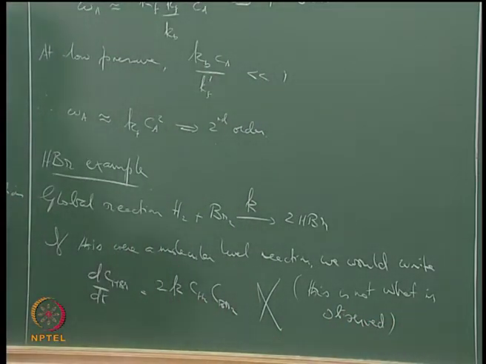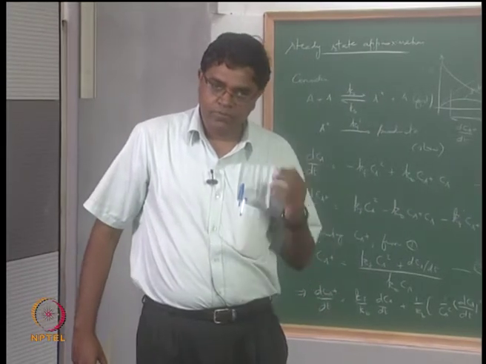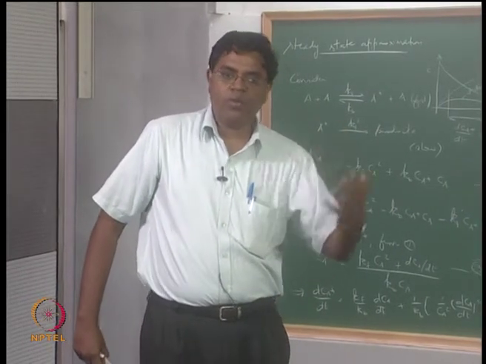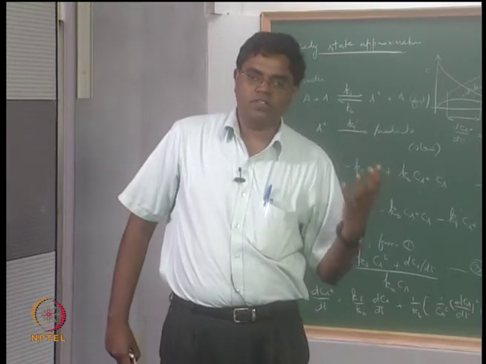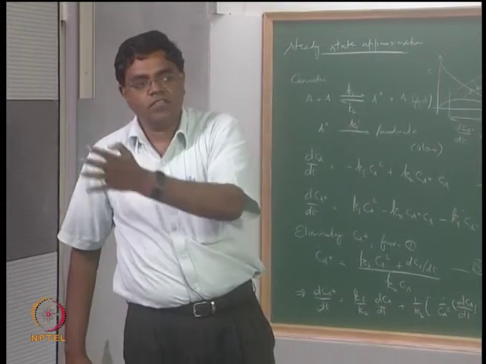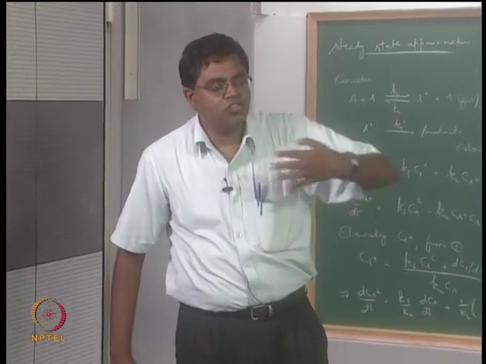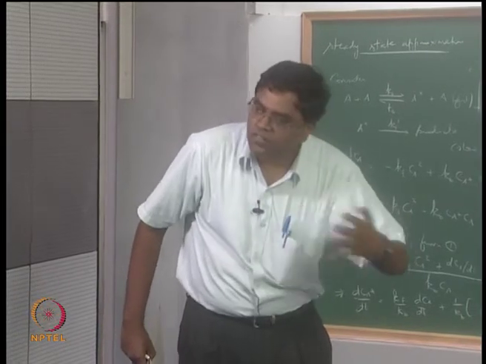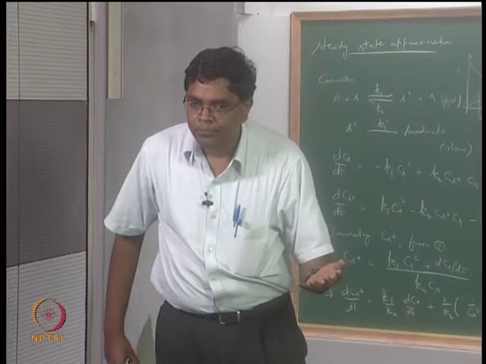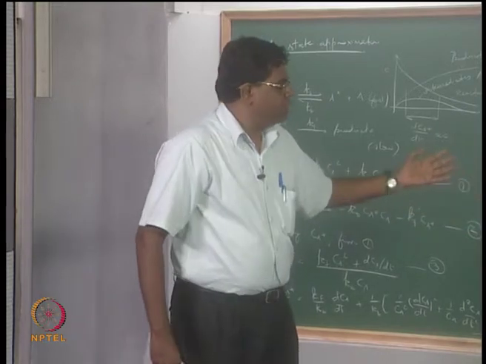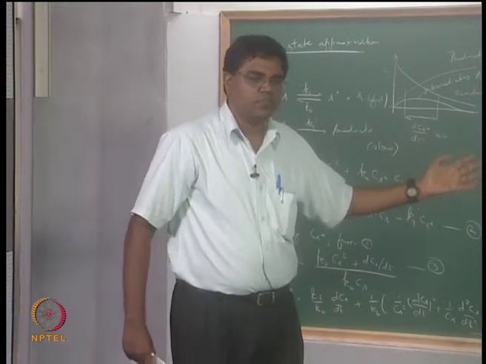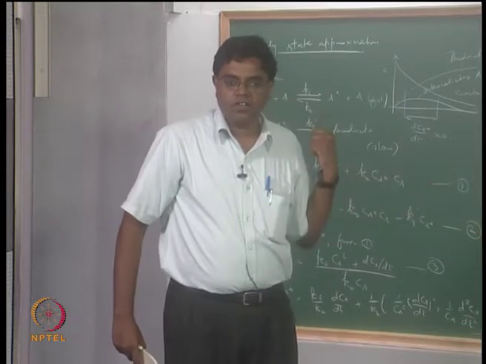That means if you were to do an experiment where you had hydrogen and bromine and you allowed the reaction to happen, and started sampling hydrogen bromide at different times, you do not find that the rate of change of hydrogen bromide concentration goes linearly as the concentration of hydrogen or bromine as you do this experiment with varying concentrations. This is how you would deduce this. You actually find that the rate of change of concentration is not going linearly as concentrations of hydrogen and bromine.